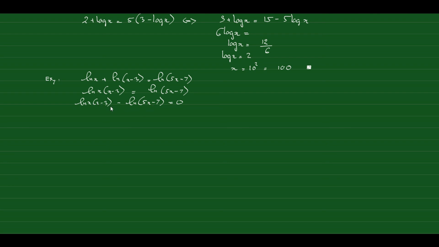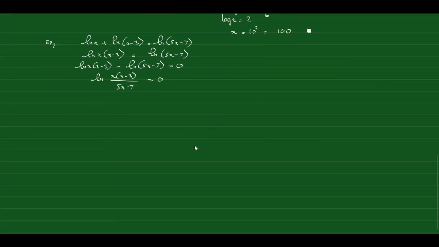Then the subtraction between ln's gives you ln of the top over the bottom equal to 0, and now you kick them up, so you will have x times x minus 3 over 5x minus 7 equal to e raised to the 0, which gives you 1. So you have this equal to 1, and you multiply both sides by the denominator, so you have x times x minus 3 equal to 5x minus 7. There you go.